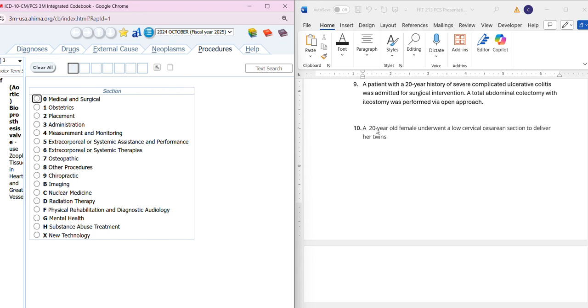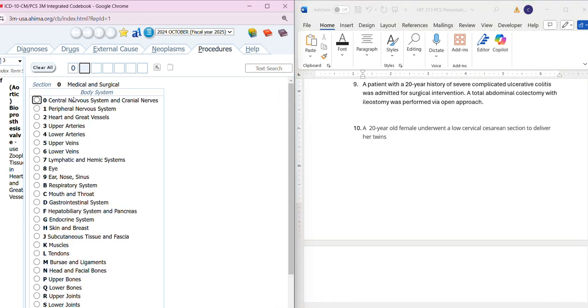All right, number 9 says a patient with a 20-year history of severe complicated ulcerative colitis was admitted for surgical intervention. A total abdominal colectomy with ileostomy was performed via open approach. So our section is going to be medical surgical once again. Our body system is going to be D, the GI system or gastrointestinal system.